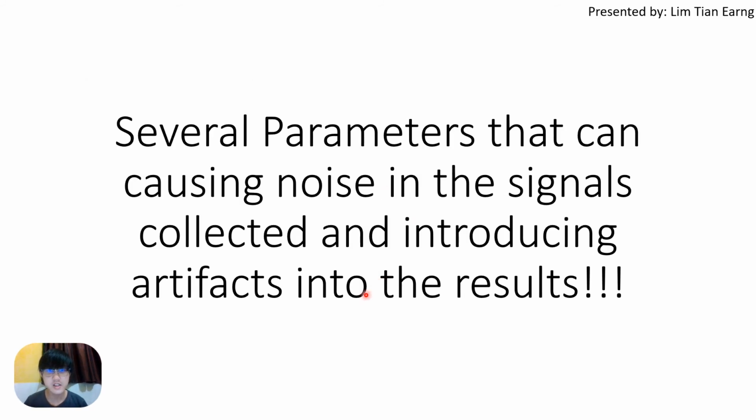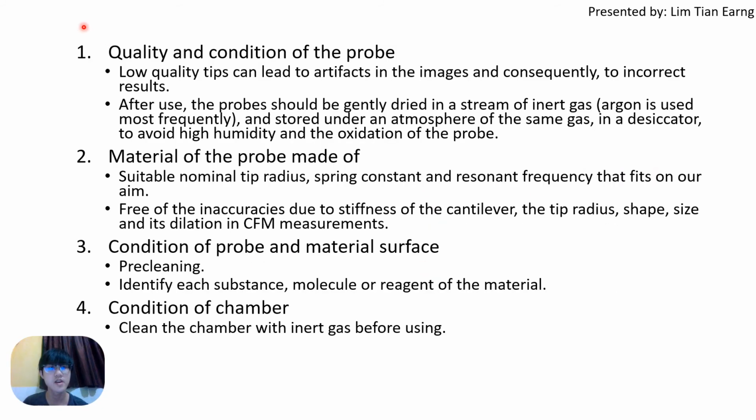Okay, so let's move on and see the parameters that will cause noise to the signal and affect the result. The first parameter will be the quality and condition of the probe.